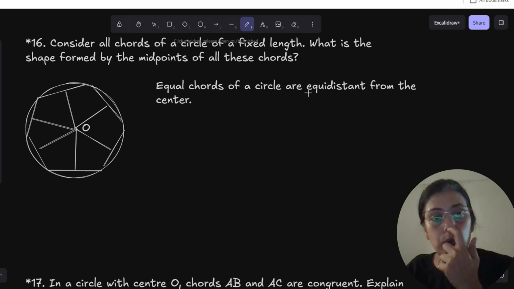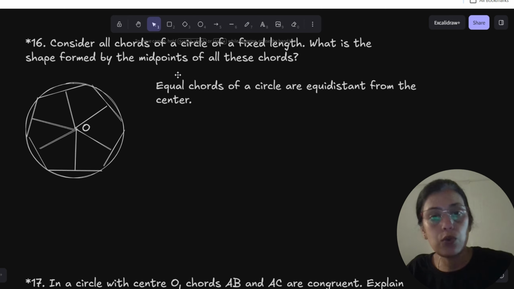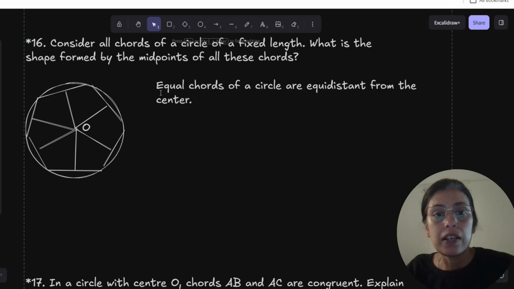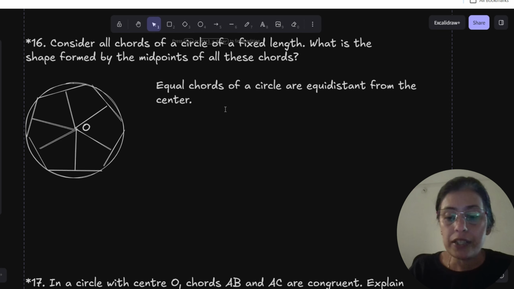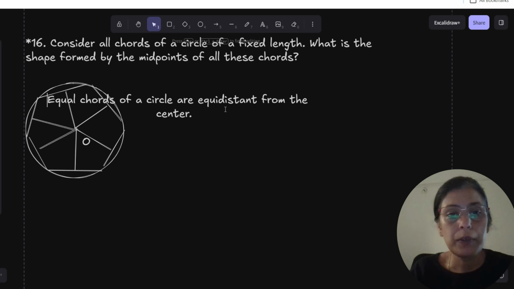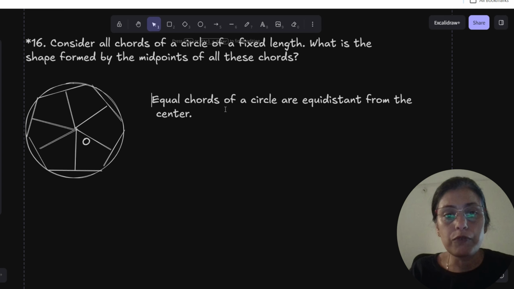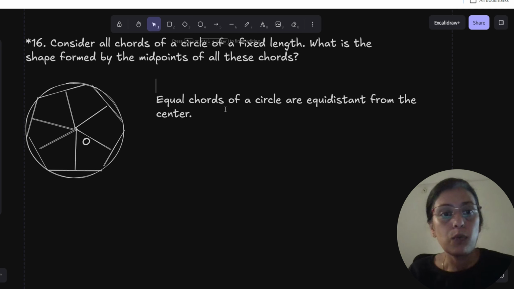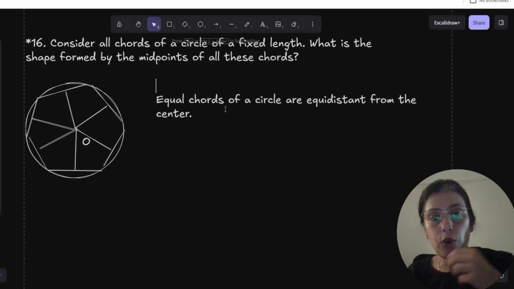One is that equal chords of a circle are equidistant from the center, and before that we need to remember one more thing, because we are asked what is the shape formed by the midpoints of all these chords.